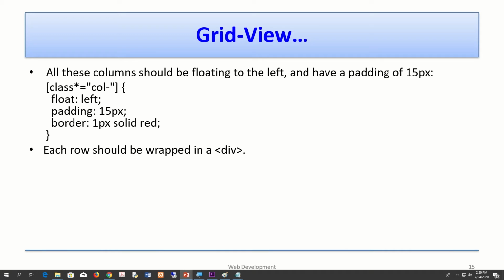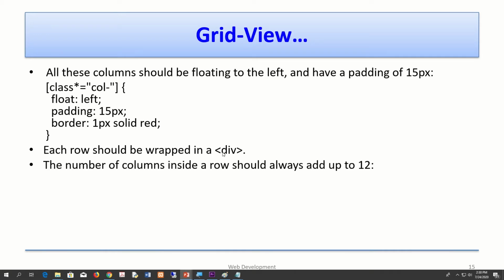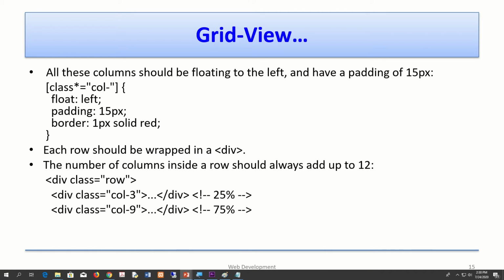All right. So each row should be wrapped in a div tag, right? And the number of columns inside the row should always add up to 12. So we can say a particular division has class row. Row has to be defined as a class, and then we can say a division with class col-3, and the next one with class col-9. So 3 plus 9 is 12, right?